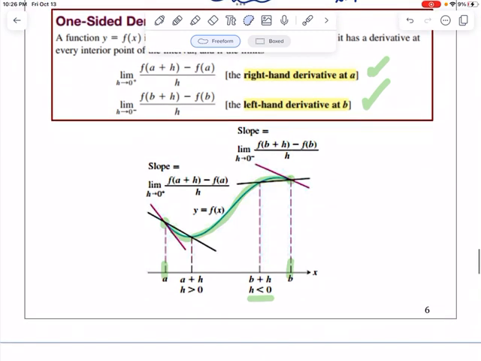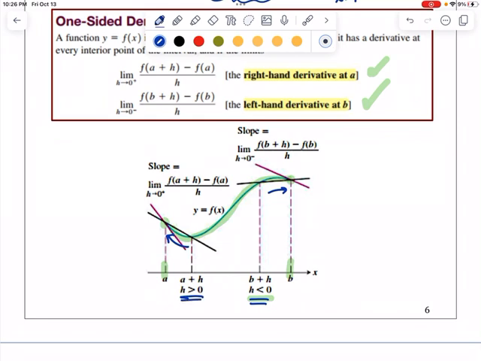So you can kind of see what we're talking about. It depends on what interval we're talking about, but in this case, you can see we're going this way. b plus h is when h is less than 0. And then over here we have a plus h as you would approach this way. h is greater than 0.